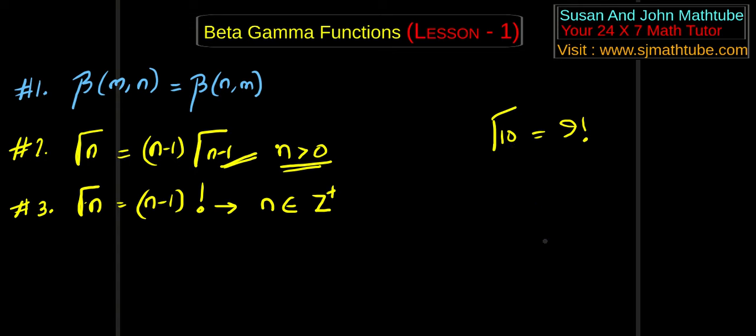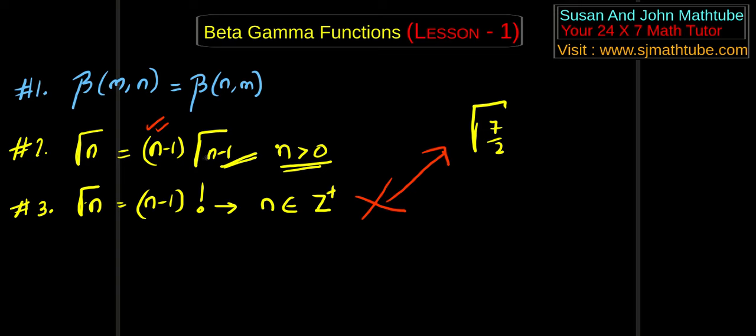At the same time, if you have something like gamma 7 by 2, this formula cannot be applied for this situation. So you will be using the reduction formula and slowly moving downstairs. And you will understand the word moving downstairs if you watch the video on reduction formula.